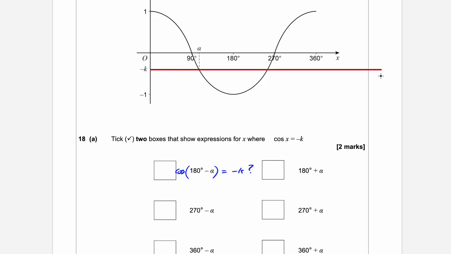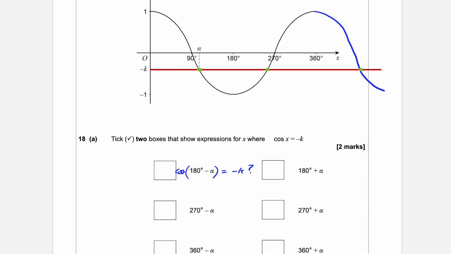Okay, so it equals negative k here at alpha, whatever that's going to be. And then if I continue this graph down here, it'll equal k down here somewhere, or negative k there. Okay, now this is alpha.